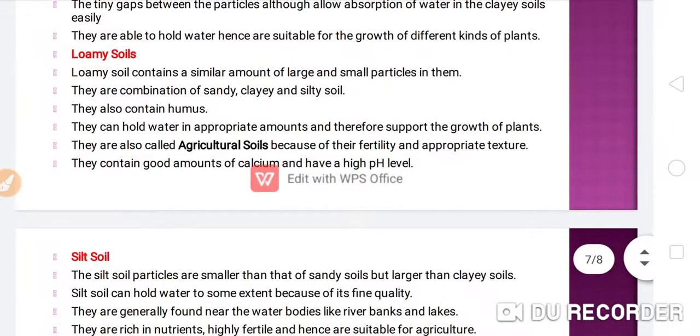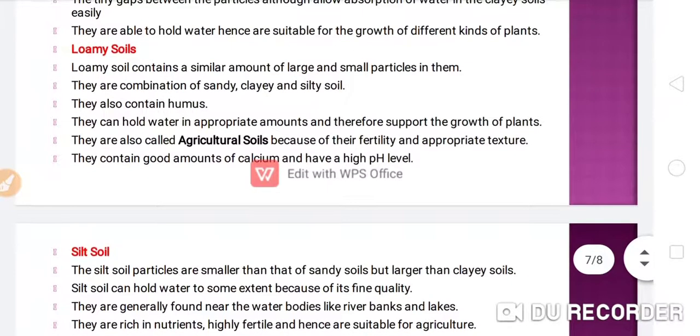Now next, loamy soils. Loamy soil contains a similar amount of large and small particles. They are a combination of sandy, clay and silty soil. They also contain humus. They can hold water in appropriate amount and therefore support the growth of plants.